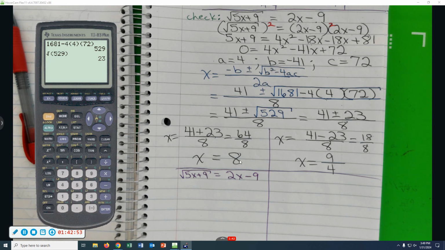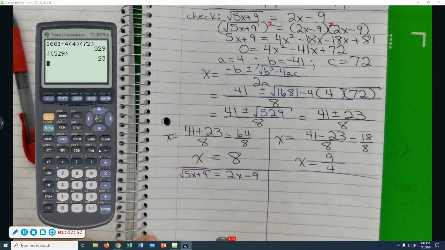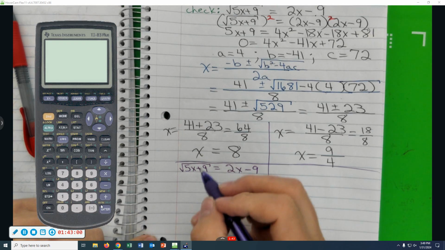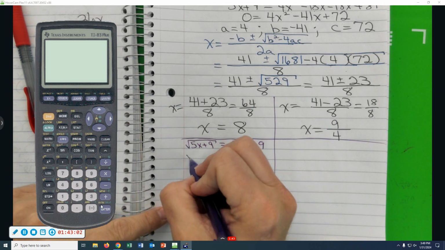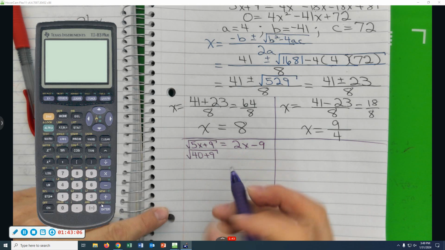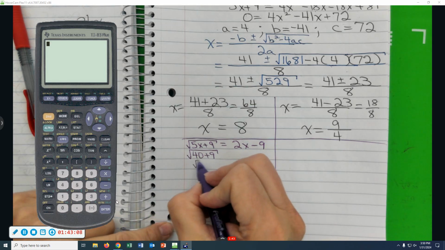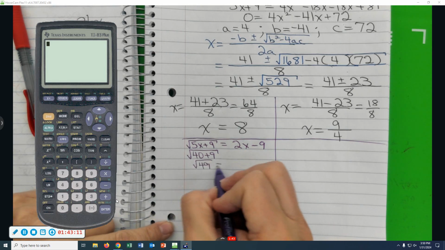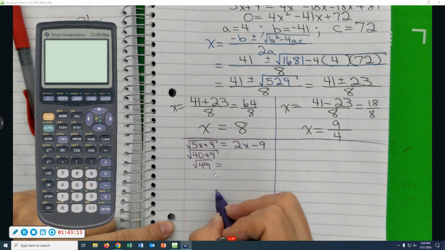I think it is. Plug in the 8. 5 times 8 is 40. So you have the square root of 40 plus 9, and 40 plus 9 is 49, and the square root of 49 is 7.